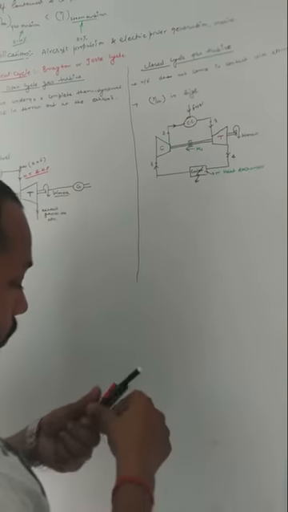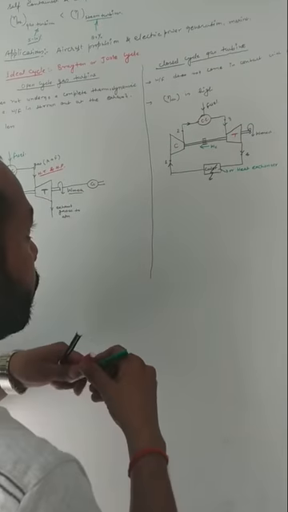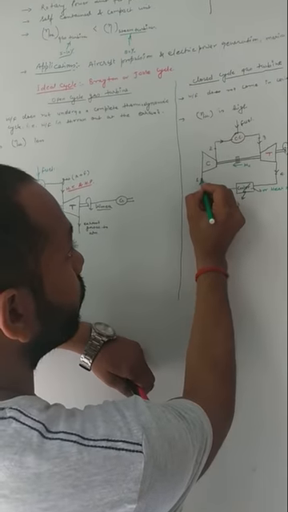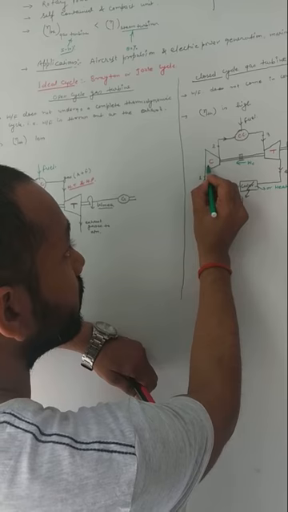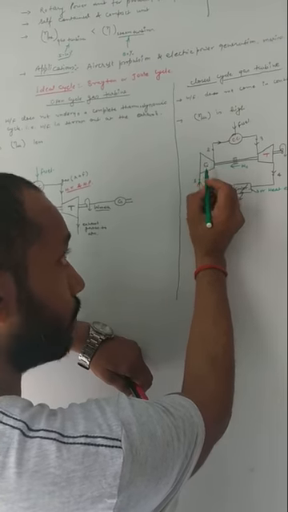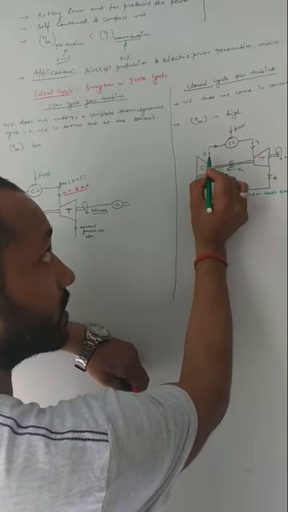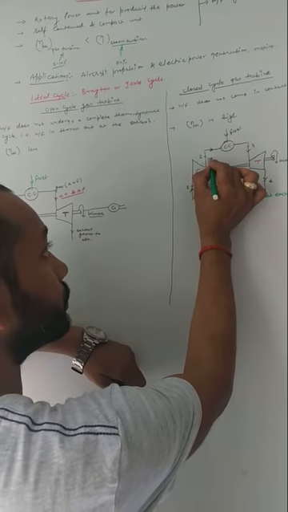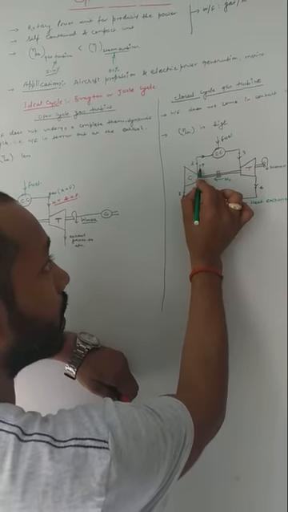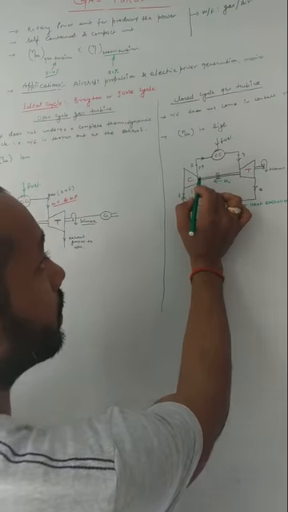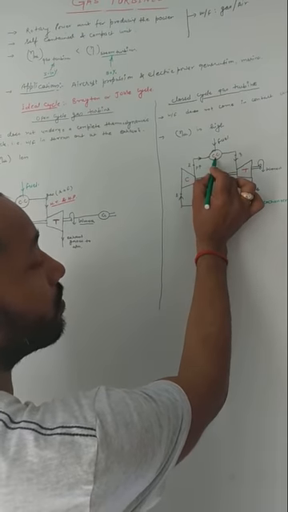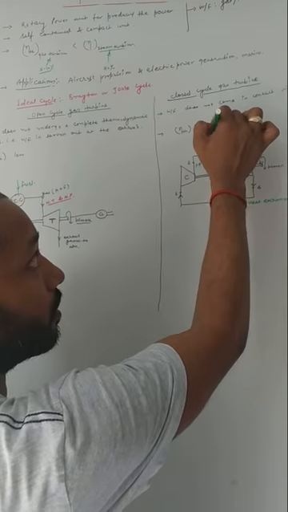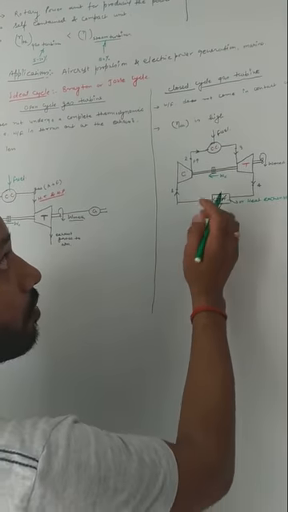The same working procedure is there. First of all, this working fluid enters into the compressor. Here the working fluid gets compressed. After compression, the pressure is increased. This high pressure compressed air enters into the combustion chamber, and from there fuel is supplied in the form of a spray.